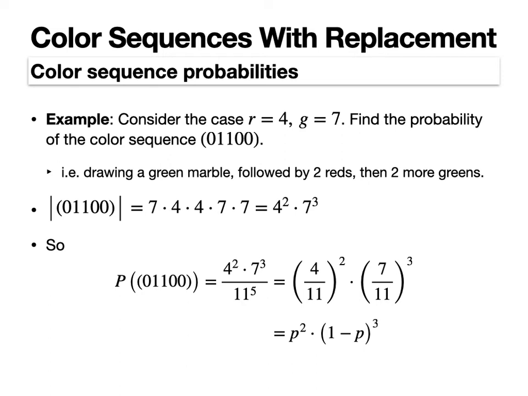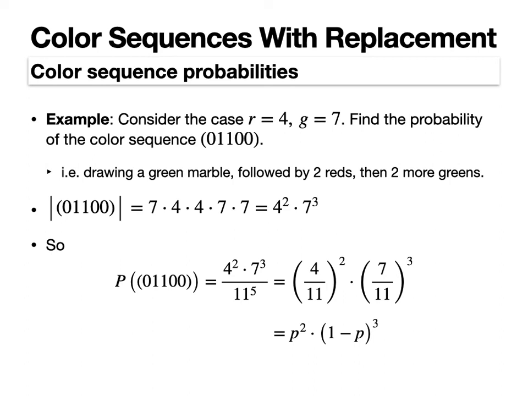So the probability of that color sequence would just be the ratio of the number of outcomes with that color sequence, 4 squared times 7 cubed, divided by the total number of outcomes. And if you draw 5 balls, as we're doing here from the urn, there's 11 to the 5th ways of doing that, because you have 11 choices for the first ball, 11 for the second, 11 for the third. Again, it's sampling with replacement.